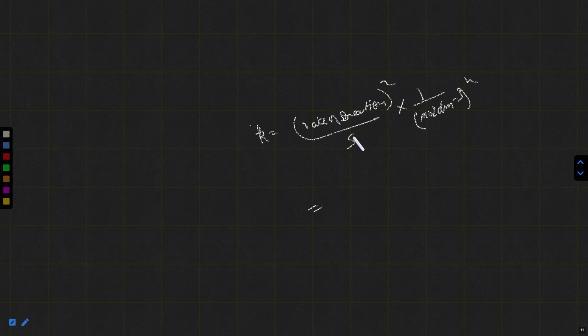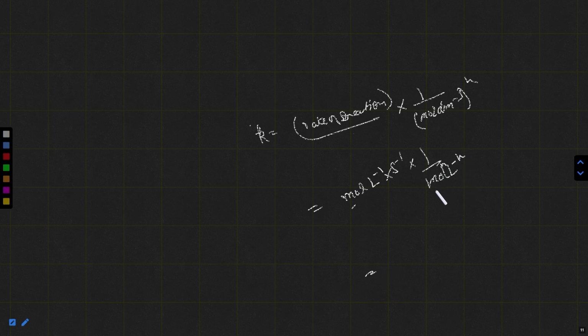Now the rate of reaction is with the power of 1. Rate of reaction is mole per liter per second. And we have this mole liter to the power n, so since we have multiplied by n, mole to the power n, liter to the power minus n.